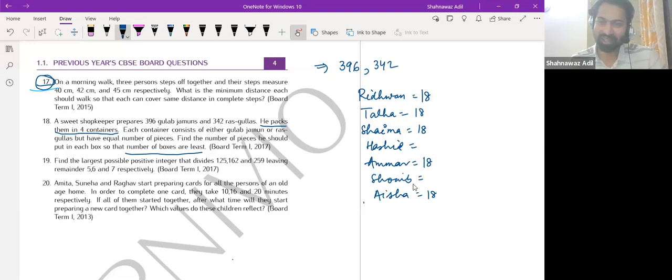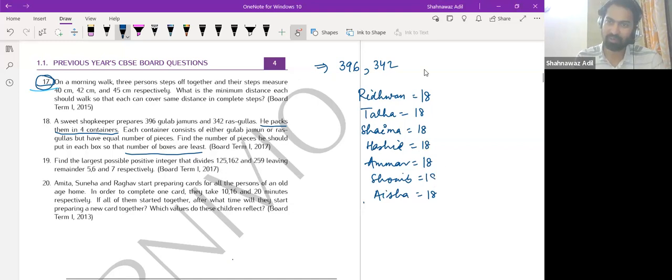Yes, Harshit and Shay, what is the answer that you guys got? Good, good. So simultaneously, you guys wrote. So we have to prepare, right? A box in which there would be 18 rasgullas and 18 gulab jamuns, right?